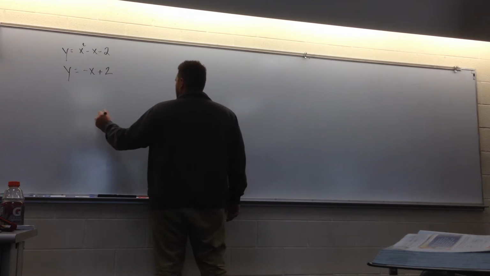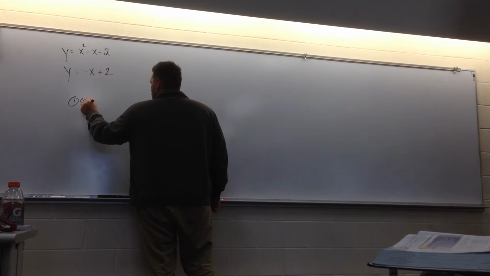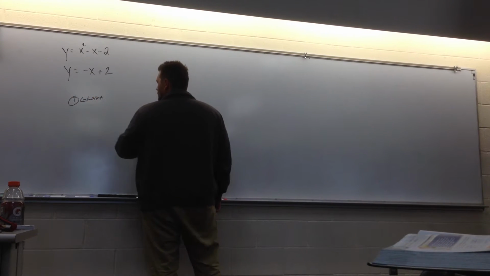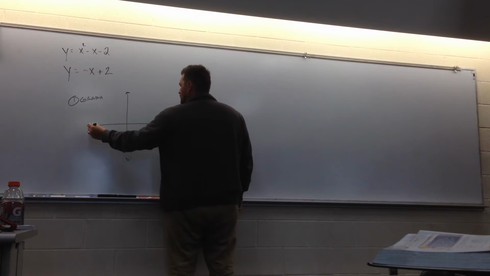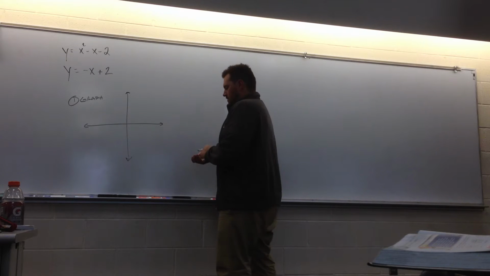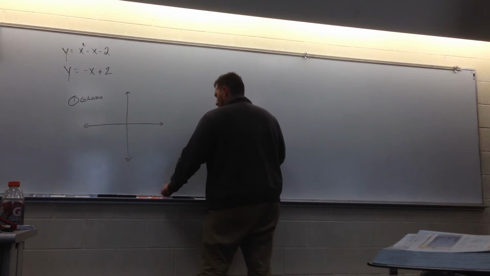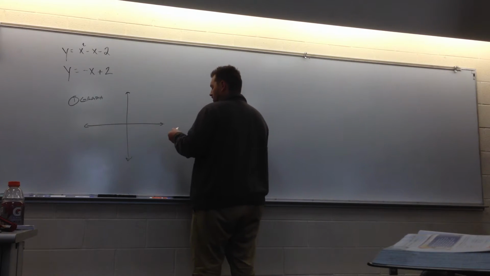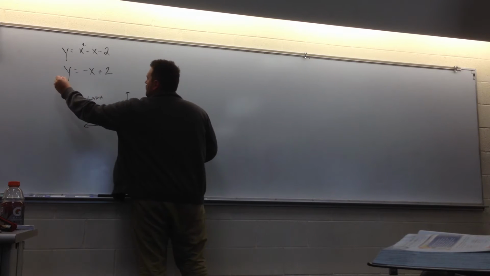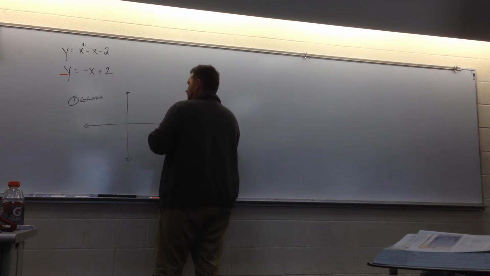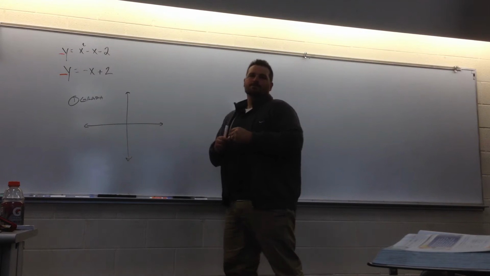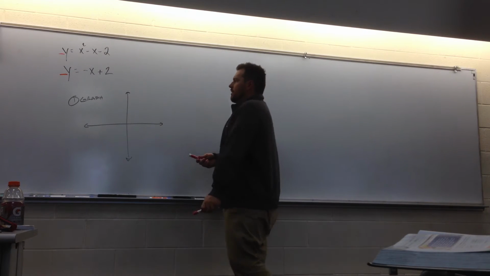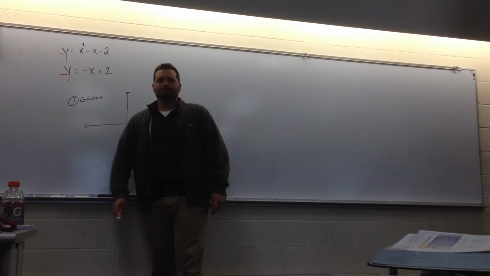Okay? So the first way is to graph it. So I draw my coordinate plane. I'll graph that line in orange and this parabola in red, just so we can see what's going on. Who remembers how to graph the line?